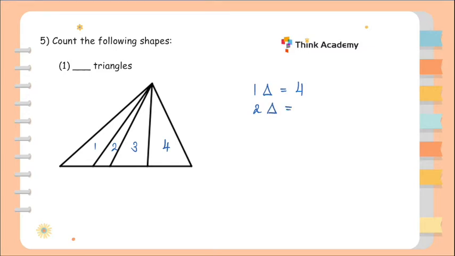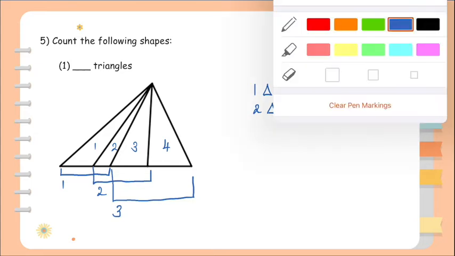Starting from the very left, I have from 1 to 2. This is my first one. And 2, 3. This is my second one. And from 3 to 4. This is my third one. Can I have more of the group of 2? No, this is all that I can make, right? So I can make 3.